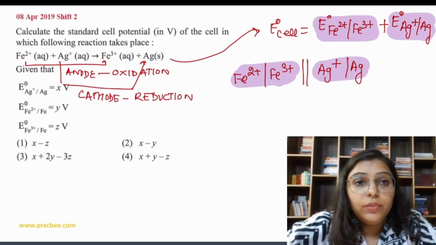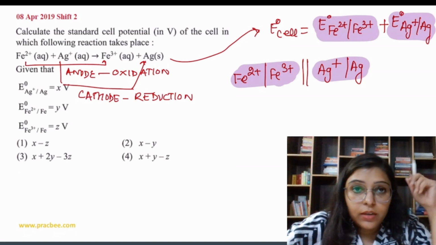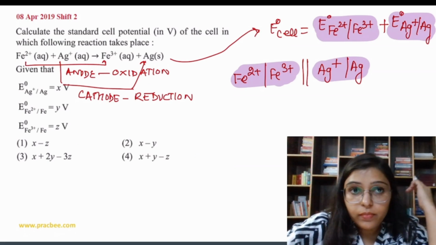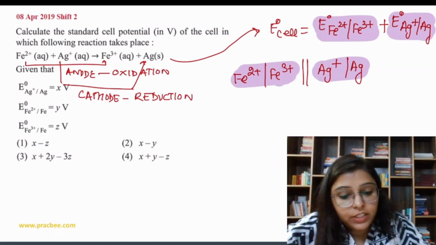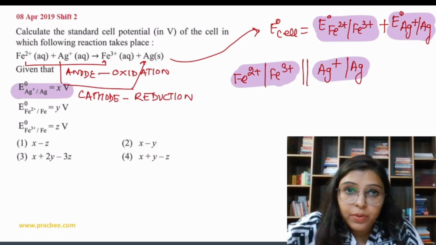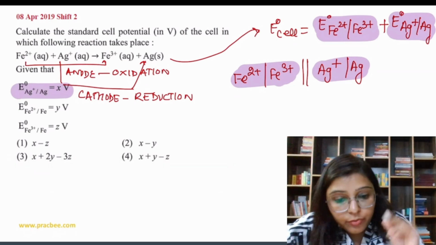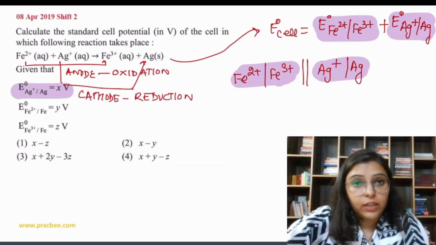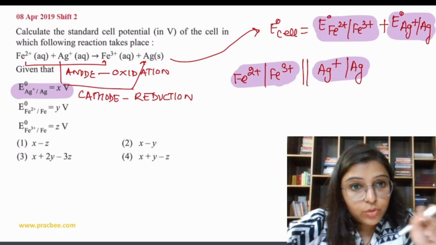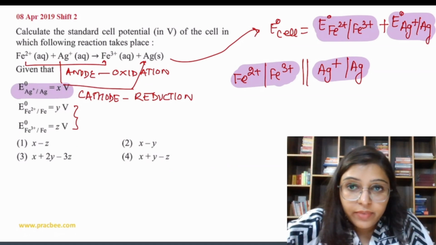So we have to find the value of this. The Ag plus to Ag value is already given, x volt. But the Fe2 plus to Fe3 plus value is not given, so we have to find that E naught value from these two. Okay, so let's find out.